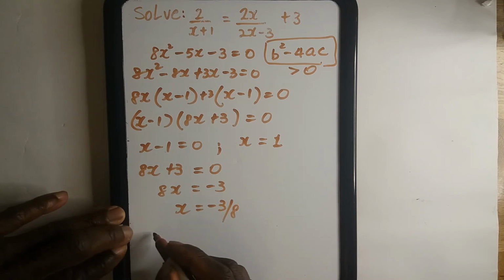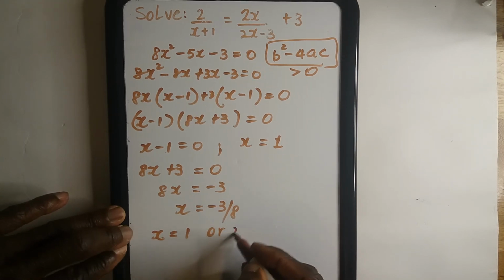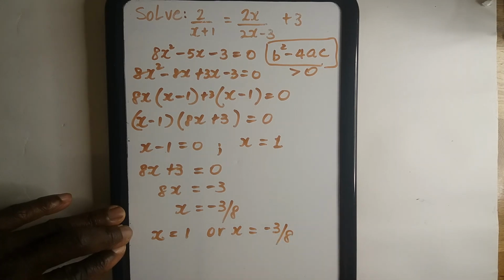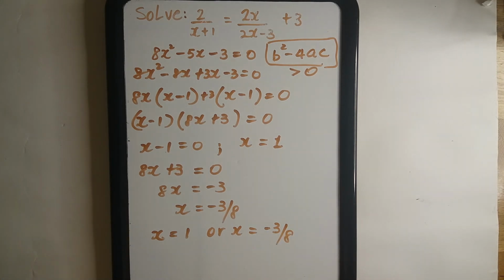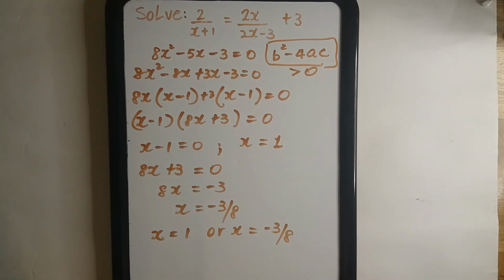So our two solutions, x is equal to 1 or x is equal to minus 3 over 8. And this is part 2, which solves the initial equation given at the top here.